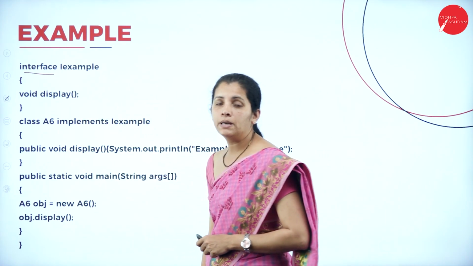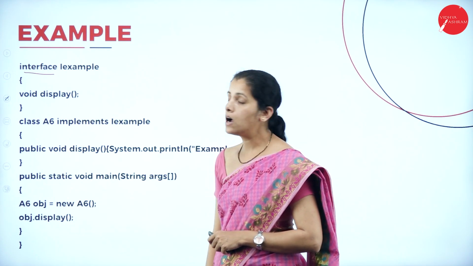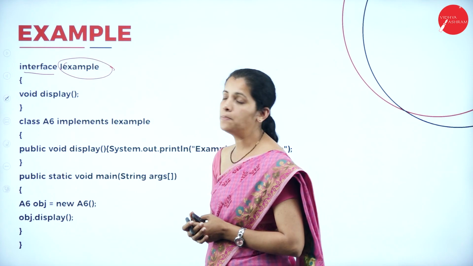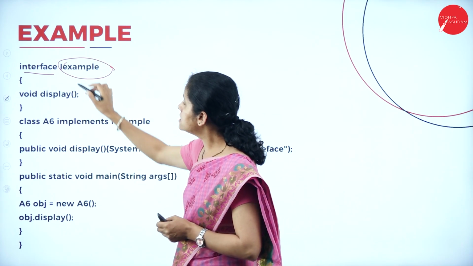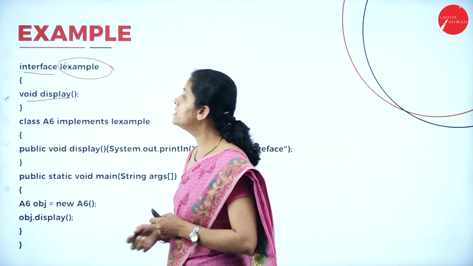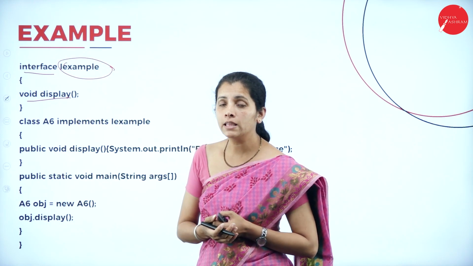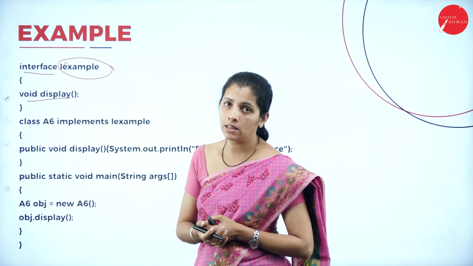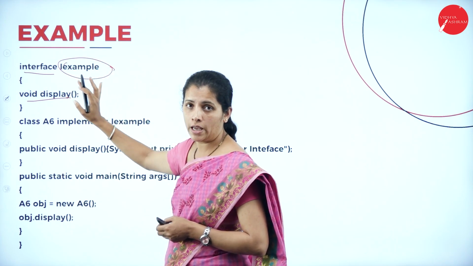interface is nothing but the keyword used to implement an interface in Java. What is the interface name? That is example, and in this interface I'm going to have the method display. And what type of method? It is an abstract method because it does not have any body.